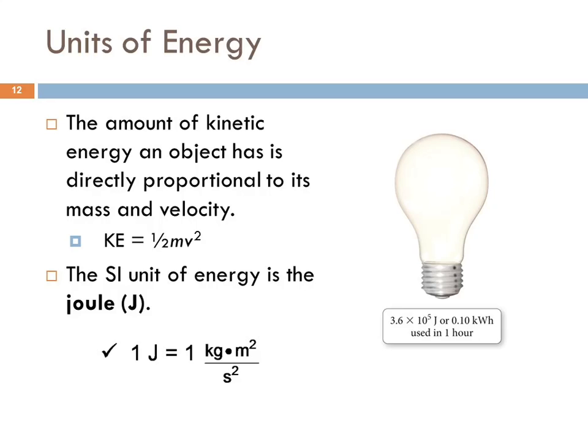It's pronounced jewel, just like you would have a jewel on a crown or something. And the unit joule comes directly from this equation. A joule is a kilogram meter squared per second squared, and we had a little peek of that yesterday. Mass, and this is velocity, meters per second squared.